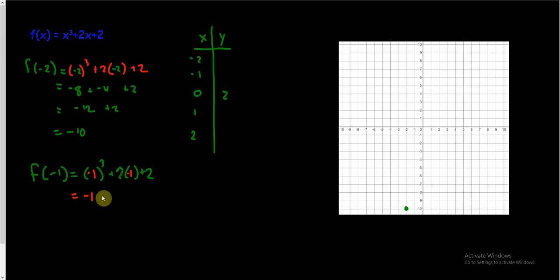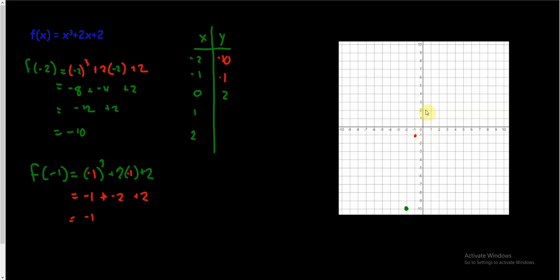Plus 2 times -1 is -2, plus 2. Okay, well plugging in this -1, this would be -3 plus 2, which is -1. So -1, -1. Oh, I forgot to write -10 up here. Okay, well that's interesting. Let's plot the other ones I have, just to figure out what's going on here.